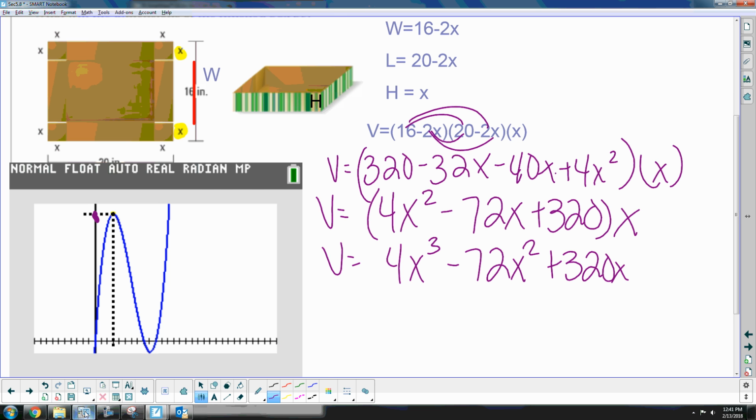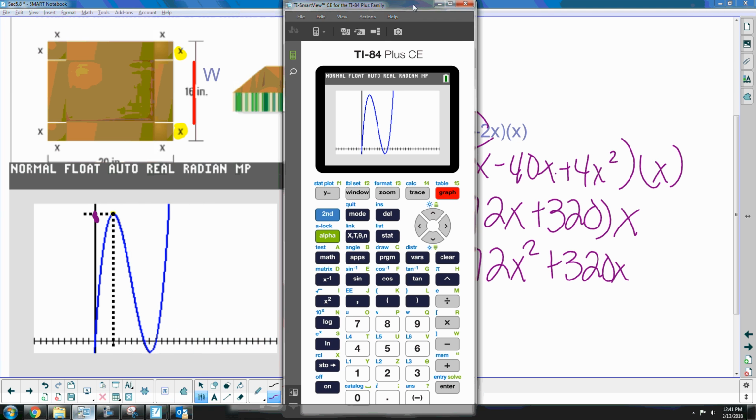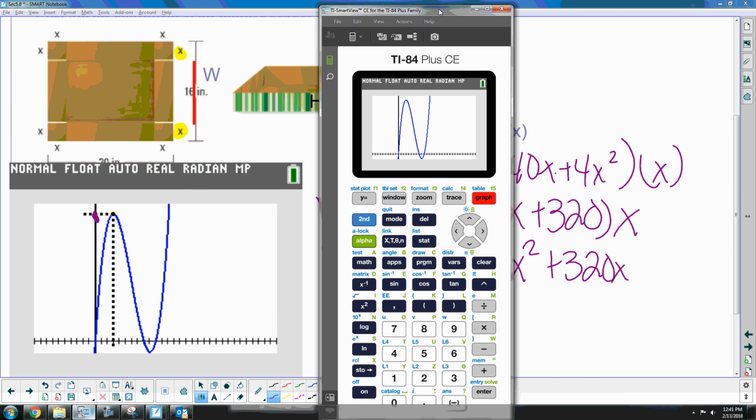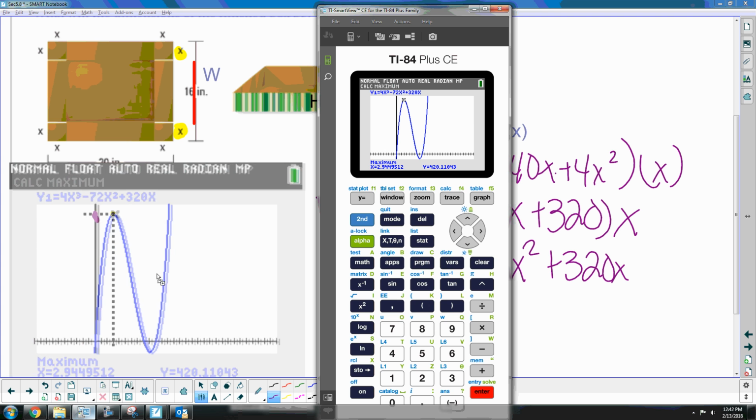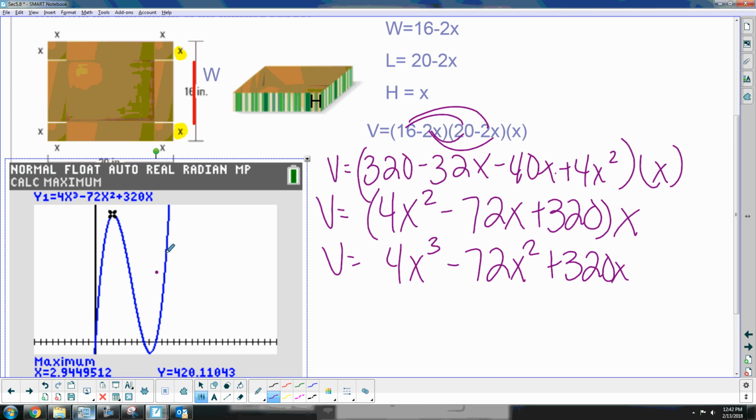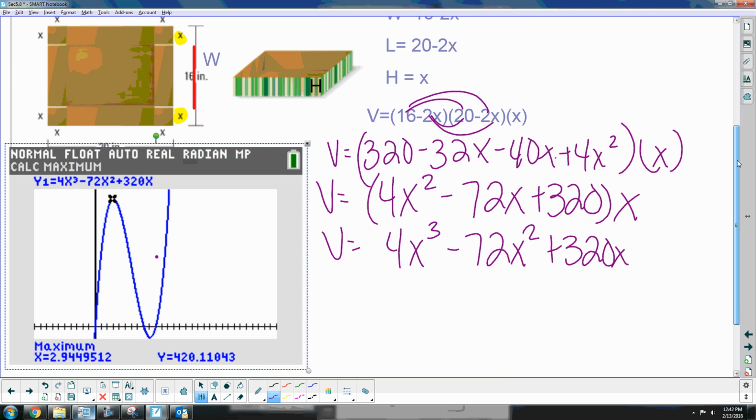All right, so let's look at our graphing calculator, and let's actually calculate our maximum. So second, calc, we're looking for maximum, that's number 4. It asks us left bound, so scroll to the left of your maximum, scroll to the right of your maximum, and hit enter. All right, so this tells me what my maximum is.